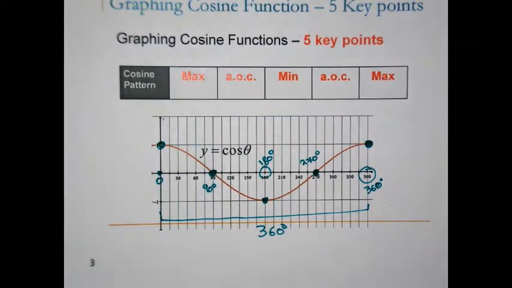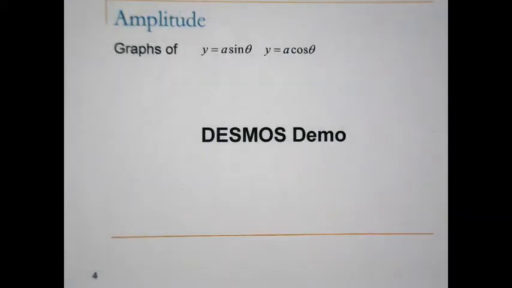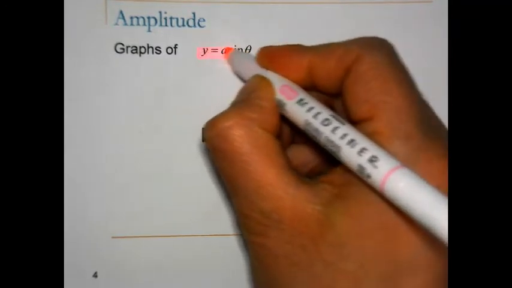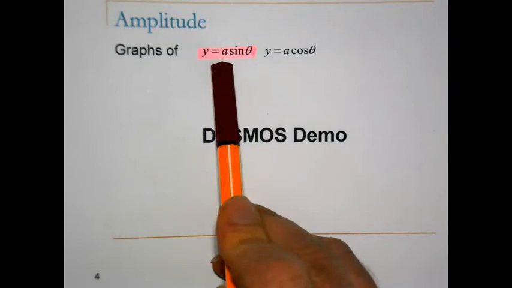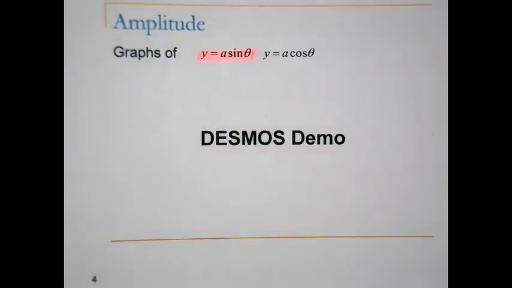Now I'm going to ask you to watch a Desmos demo, and see if we multiply our sinusoidal function by a value, a number multiplied by sine, how the graph is going to change.